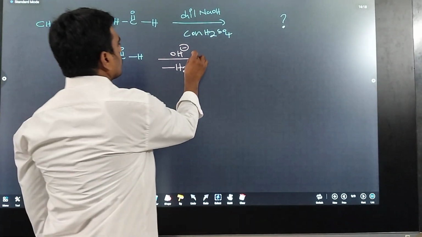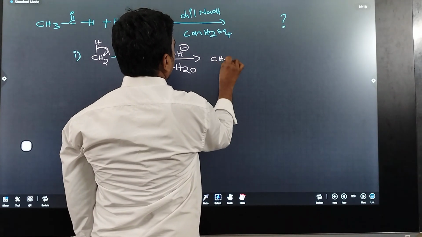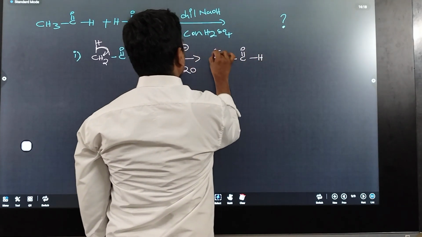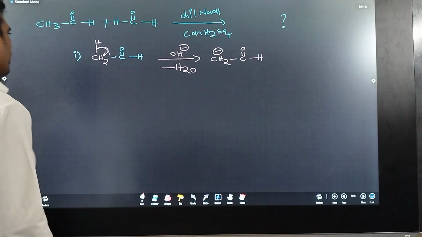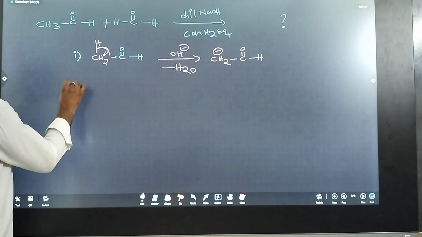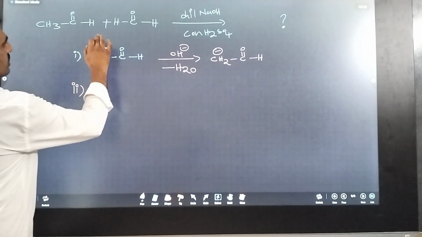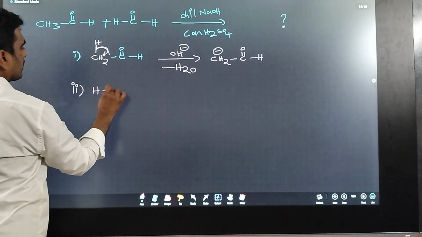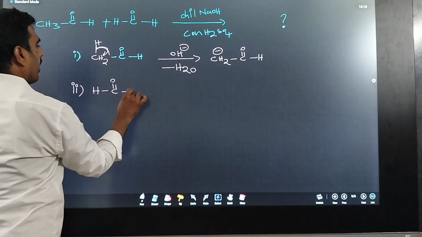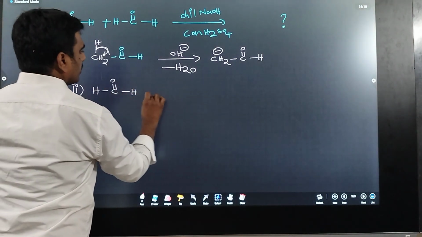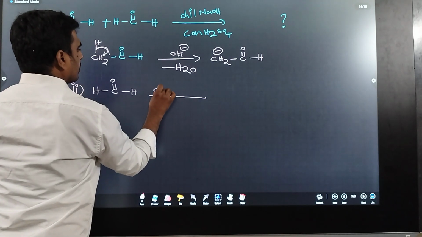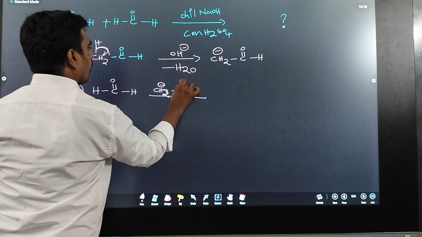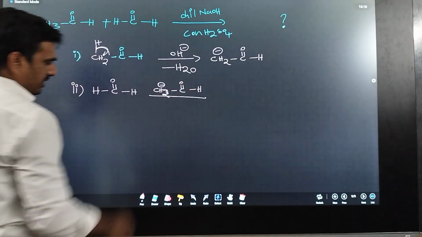Then we get CH2 minus C double bond O H. This is the nucleophile. In the second step, nucleophilic attack, I can use another mole of carbonyl compound. So this nucleophile CH2 minus C double bond O H.